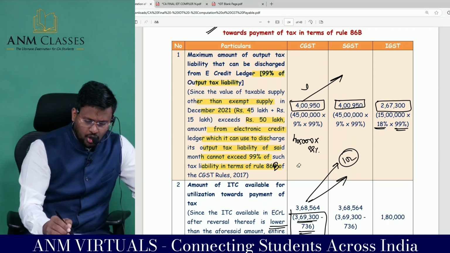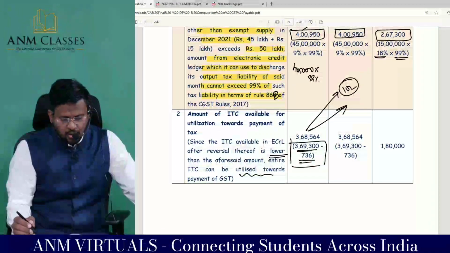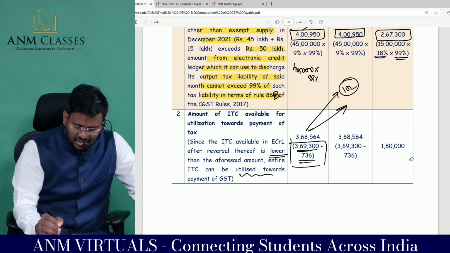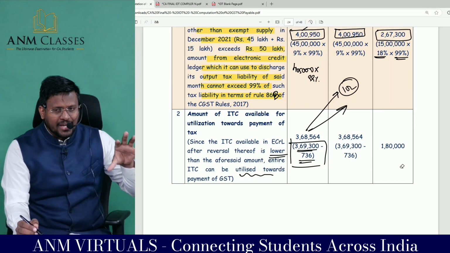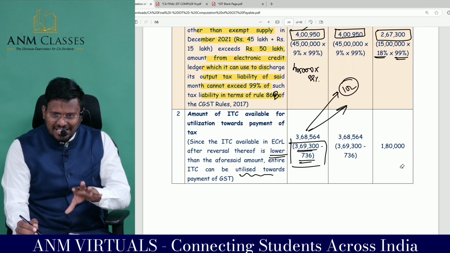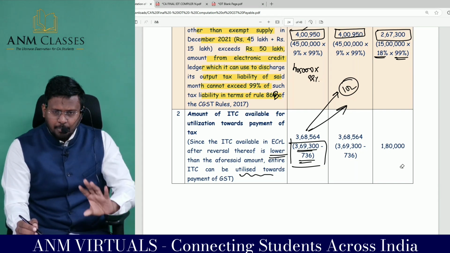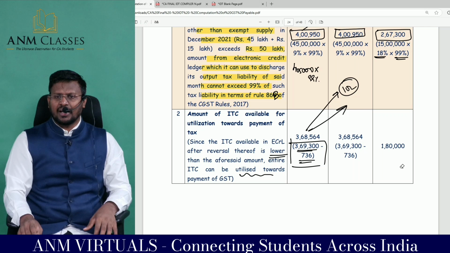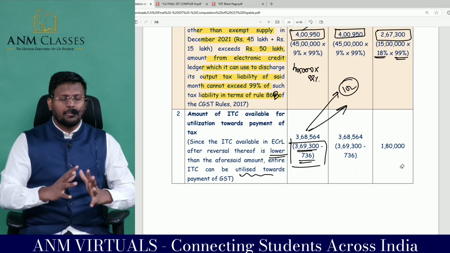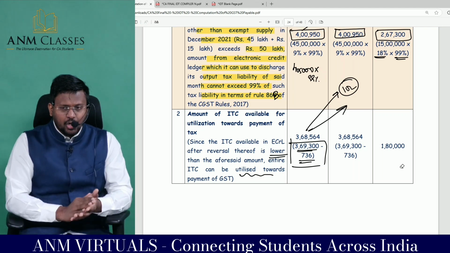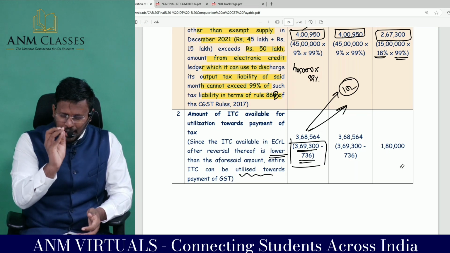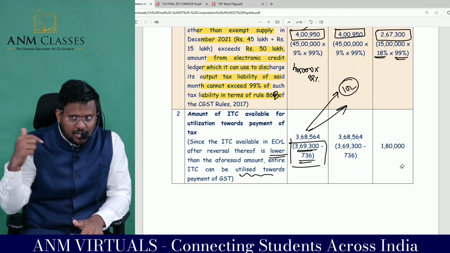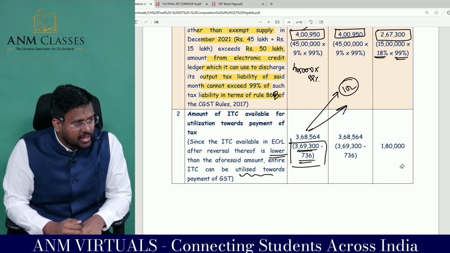That is what the provisions of Rule 86B are all about. Comfortable, sir? So 3,68,000: since the amount available in the electronic credit ledger is less than 99% of the output tax liability, the entire amount available can be taken as ITC, because anyway the balance you will go and pay with the electronic cash ledger. That is the intention of Rule 86B.